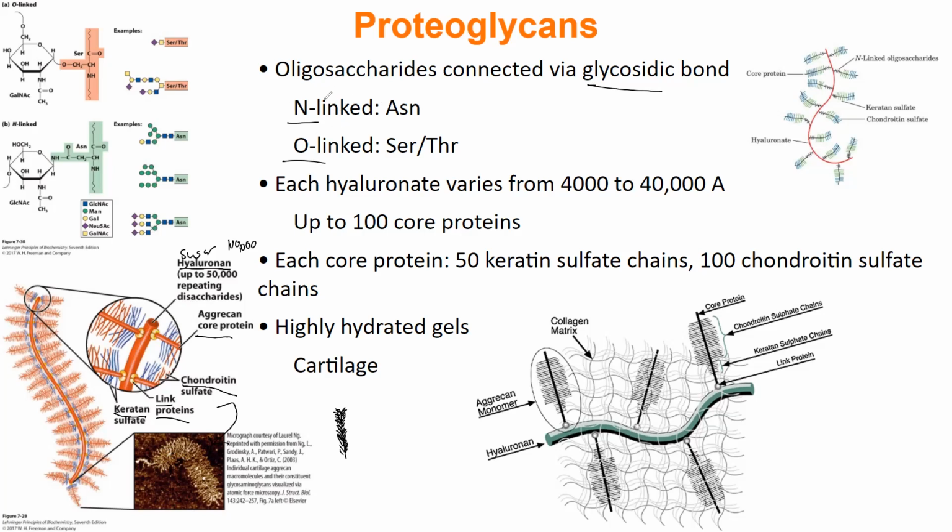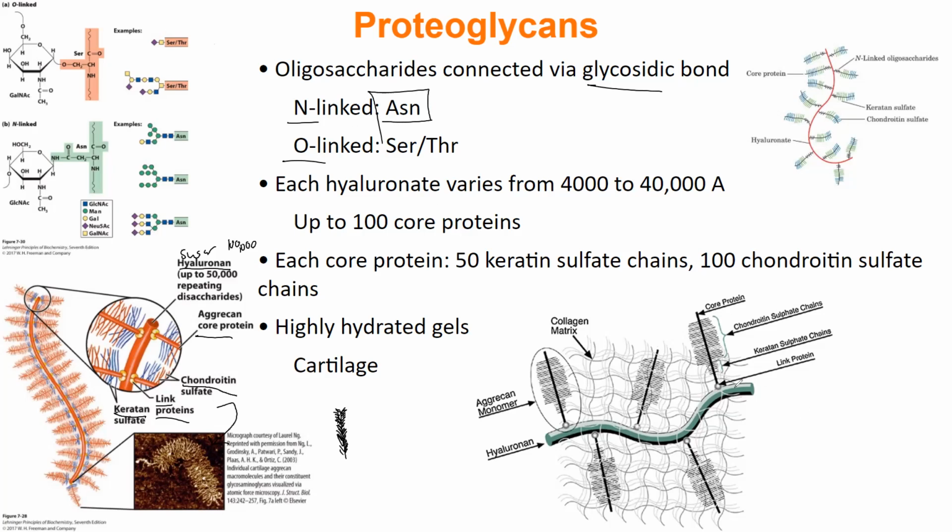For proteins, if you're N-linked, that means you have to be connected to an asparagine. If you're O-linked, that means you can be connected to a serine or threonine. So that is how we're making our sugar-protein connection in our proteoglycan. And that's how you make any sugar-protein connection, really. It's either going to be connected to an asparagine or a serine or threonine.